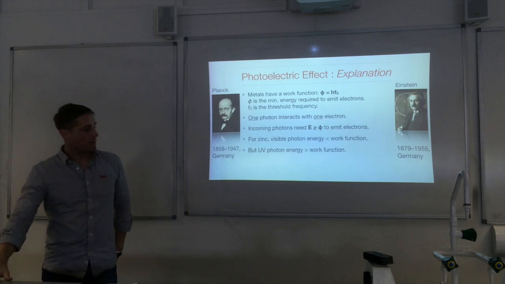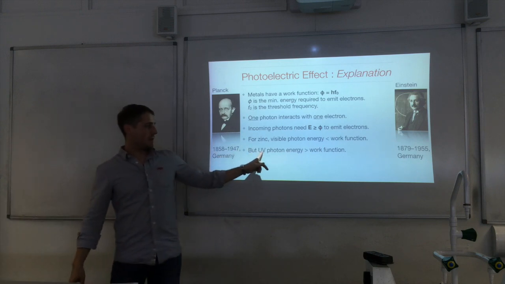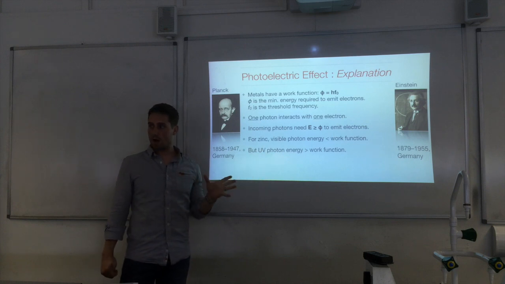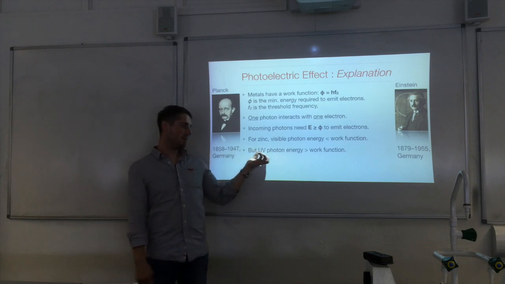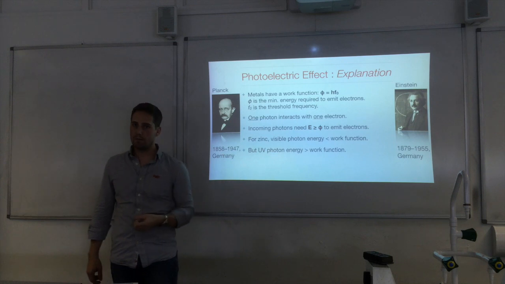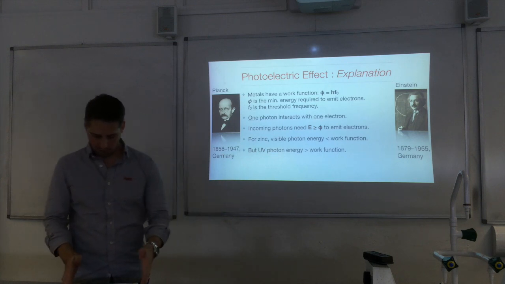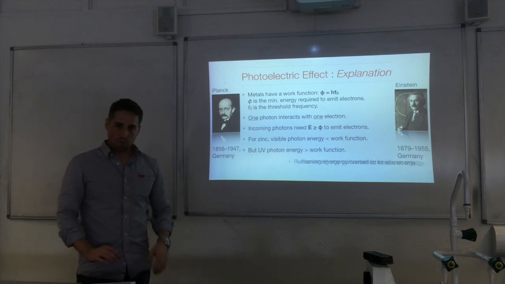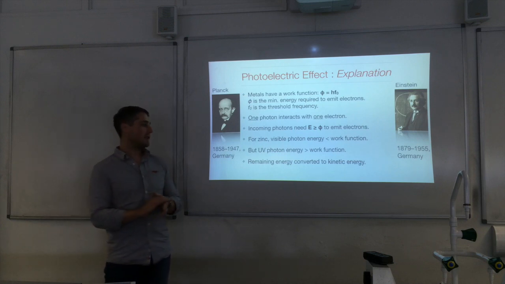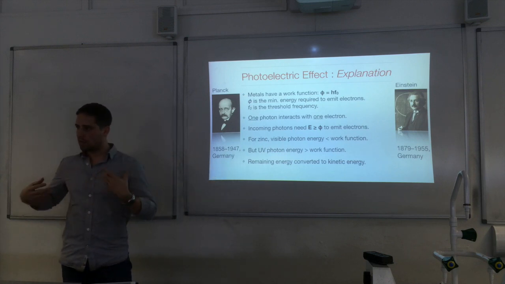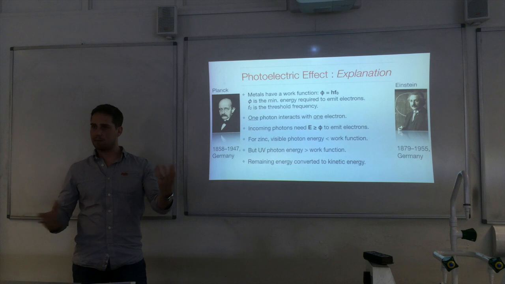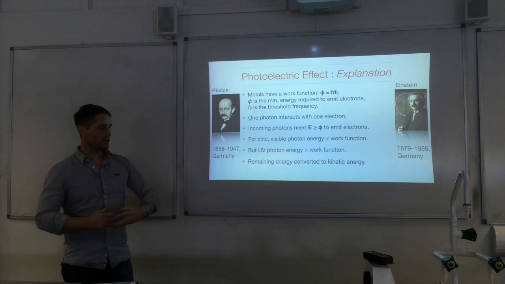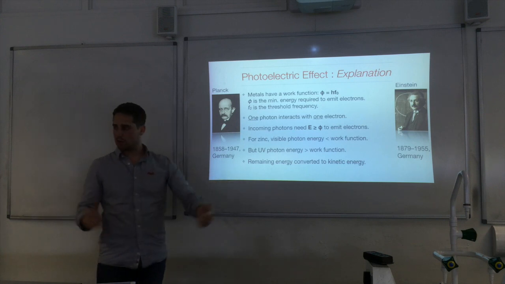Because these UV photons have higher frequency, which means they've got more energy, they have enough energy to take them over that threshold value. The energy that's left over is converted into kinetic energy in the electrons. So the electrons gain kinetic energy once they've escaped the metal. They're ejected from the metal, and they have kinetic energy afterwards.